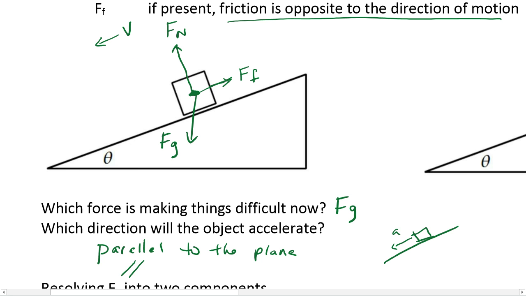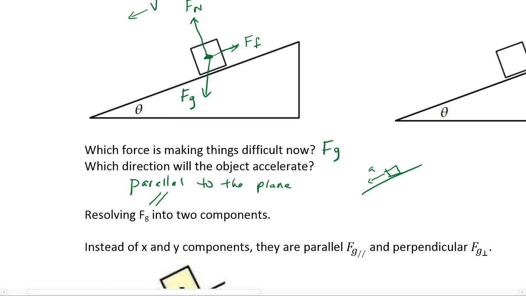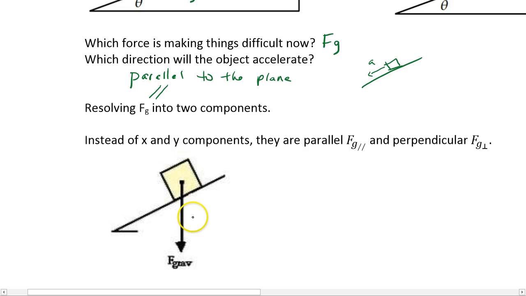Okay, so what we can do is we can resolve the force of gravity into two components. We can take Fg here and resolve it into this one here, which I will call Fg perpendicular. It'll have that little subscript, not a letter but a symbol.